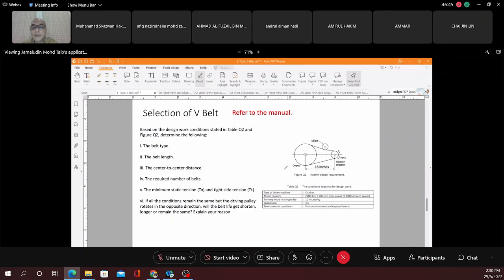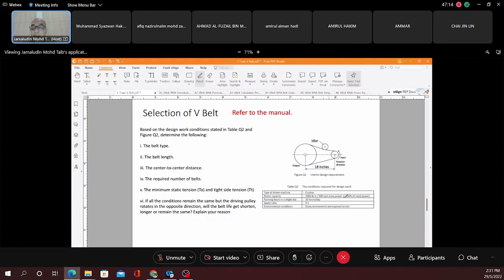Okay, let's say we have this configuration here. We have the output and input. Type of driven will be a crusher, so the output here is going to be a crusher. Motor capacity is going to be 200 pound-inch at 500 RPM. The maximum output here is possibly 300% of the rated power of the motor.